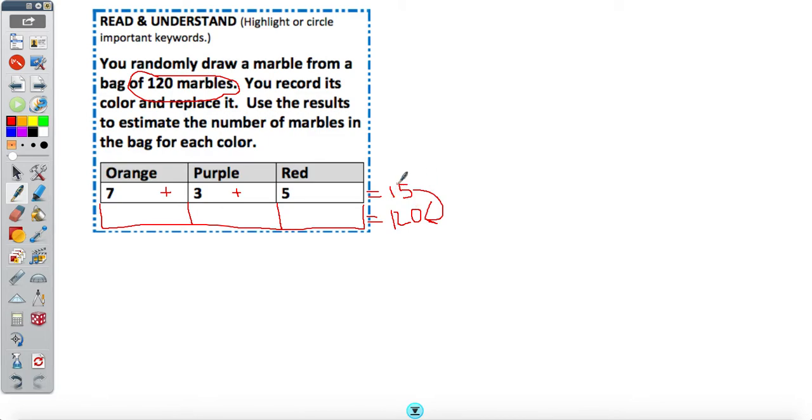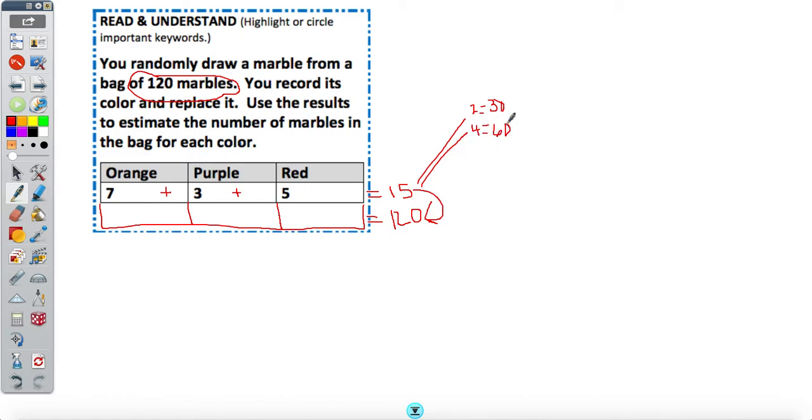Well, I know 15 goes in twice to 30, because 15 times 2 is 30, which if I double that, 15 times 4 then is just 30 doubled, so that's 60.